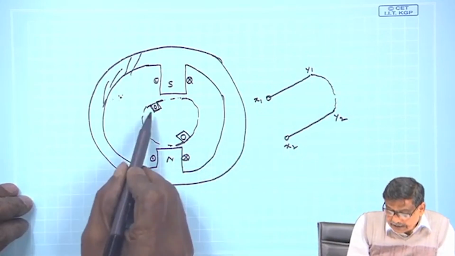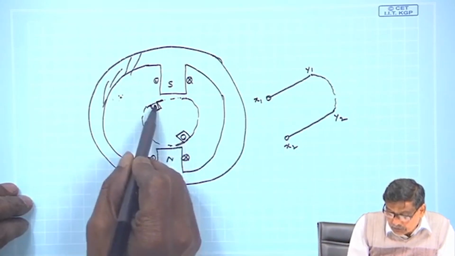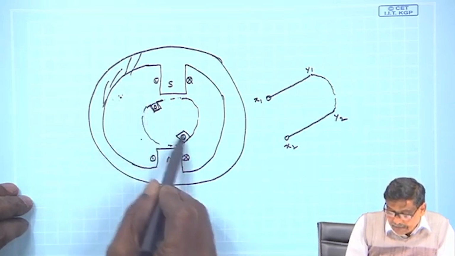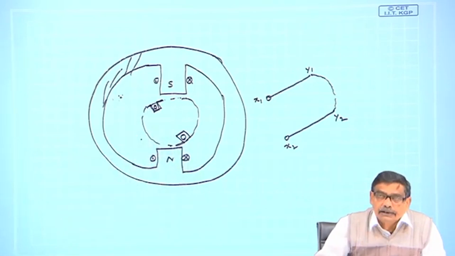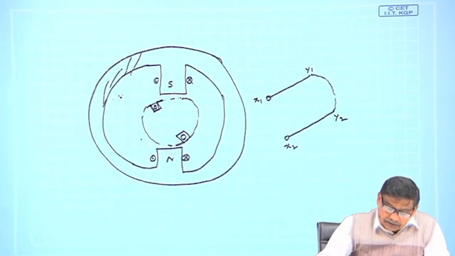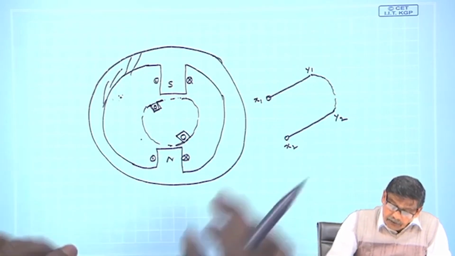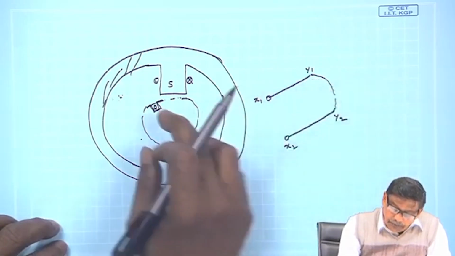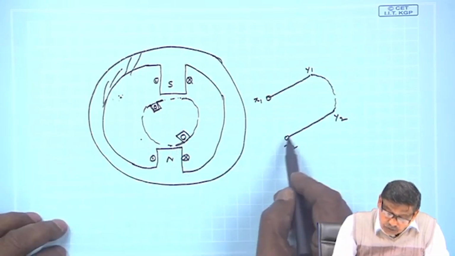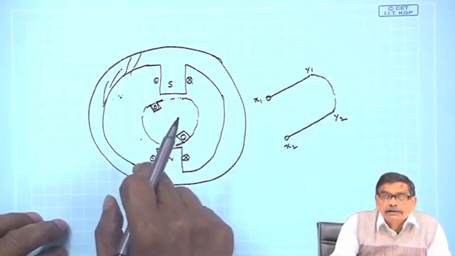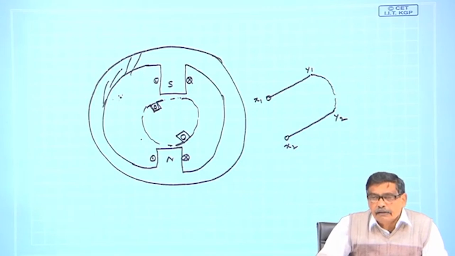And by placing these two conductors in these positions, I have ensured one thing. What I have ensured is that when x1 y1 will be under the center of the south pole, I am sure x2 y2 will be under the center of the north pole.